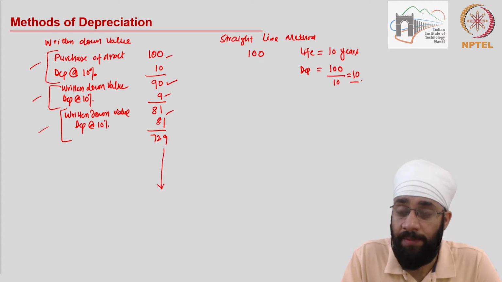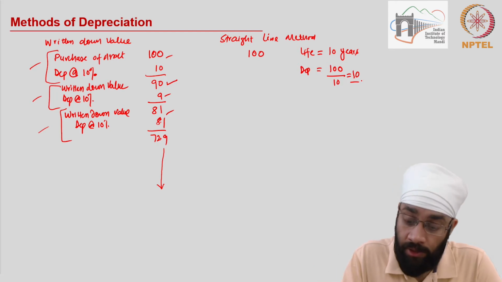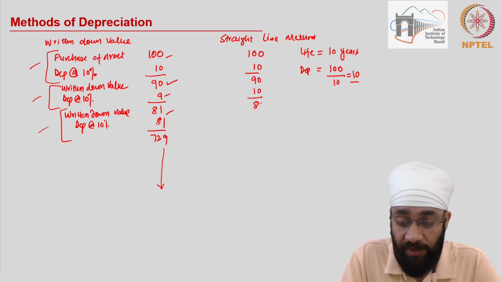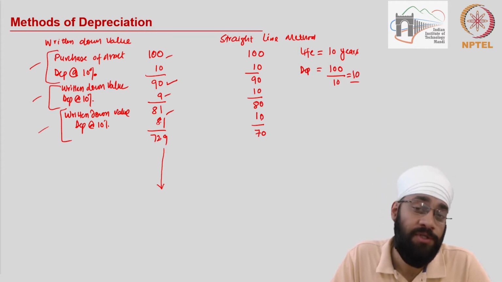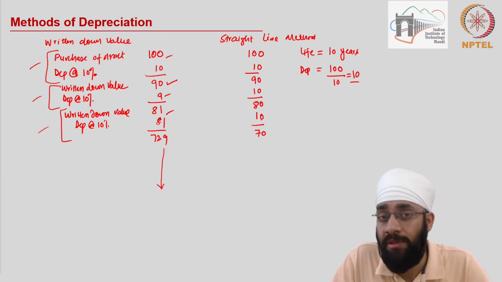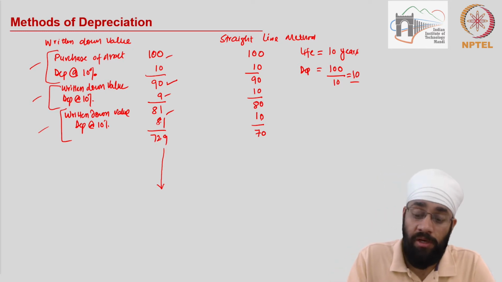So 10 is the depreciation every year. So here you have written down value, but now the depreciation is going to be 10. So written down value is 80, depreciation is again 10. So this is different in the sense that the amount of depreciation is going to be different, and you ascertain the amount of depreciation at one go, and then there is no change.